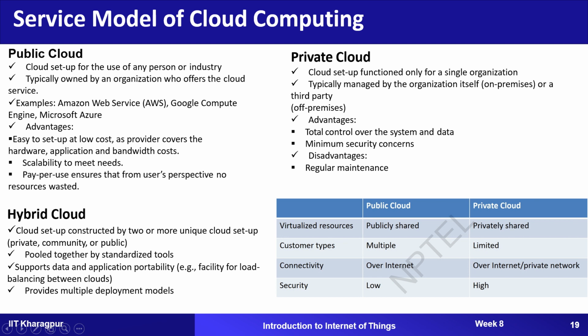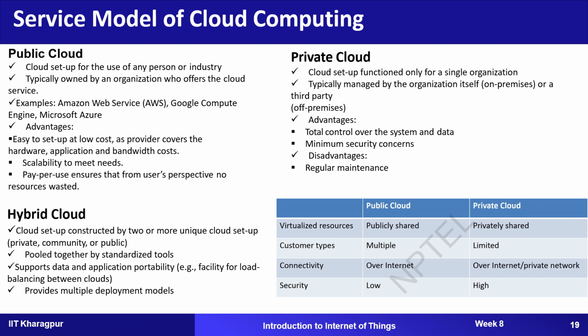Next one is your private cloud. So in case of your private cloud, unlike your public cloud, only the members of a particular organization who owns this cloud can use this. So cloud setup functions only for a single organization. It is typically managed by an organization itself or a third party also. So a third party also can manage a private cloud, and the members of a particular organization can use this cloud.